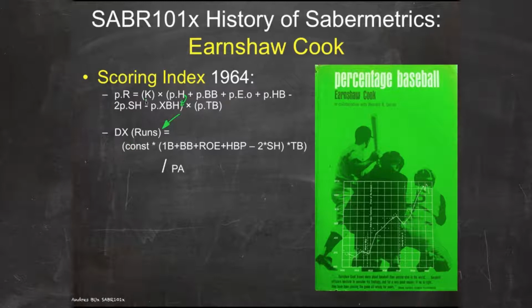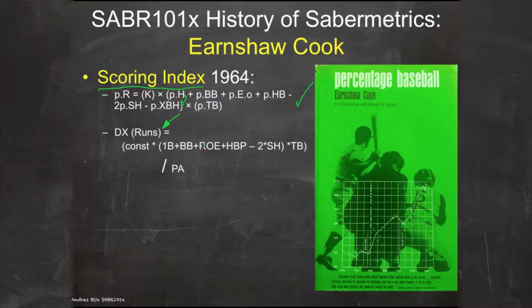So we can convert Cook's probability form of his scoring index equation. The probability form is this one here. We can convert it by the implied division by plate appearances that's inherent in the probability of scoring runs by the team when that batter is at the plate. So we get this new form.